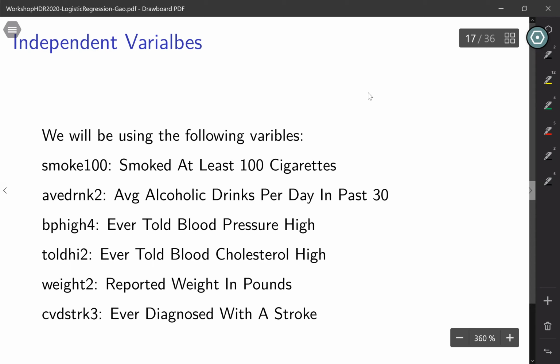And there is another variable about blood pressure: ever told you have high blood pressure or not. All of those are just yes or no, except weight in pounds, which is not a yes/no variable.